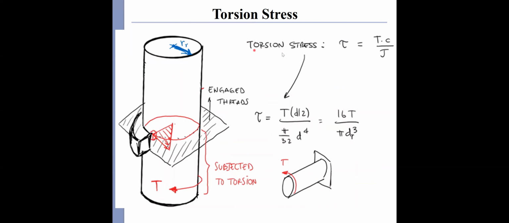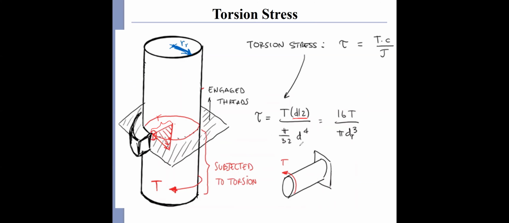So the torsion stress tau equals T, the torque, times C, divided by the polar moment of inertia J. In this case, C is half of the shaft diameter, which is r.